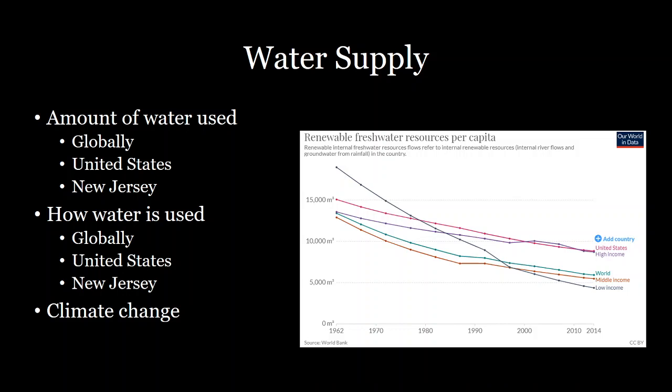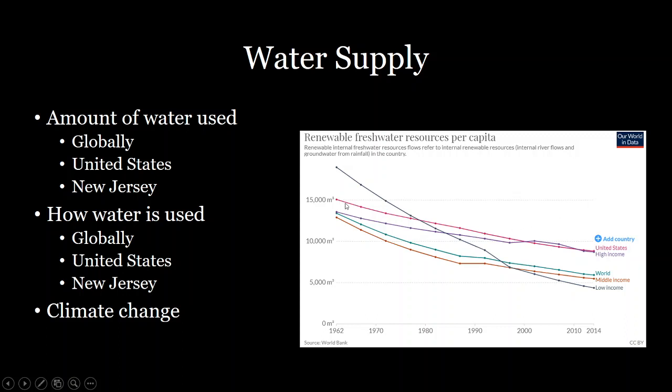This all comes at a time when countries throughout the world have decreasing water supplies. As global temperatures increase and water demands also increase proportionately, then more countries are pumping water out of their groundwater reserves as well as their reservoirs. And so this is a graph showing the amount of freshwater resources per capita of individual countries.